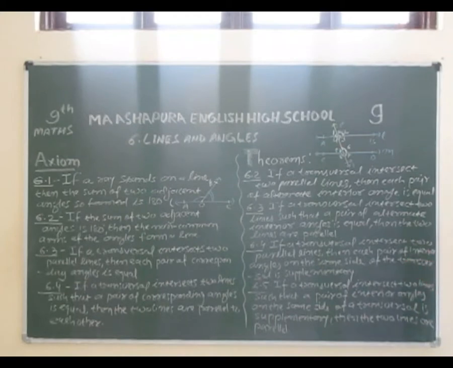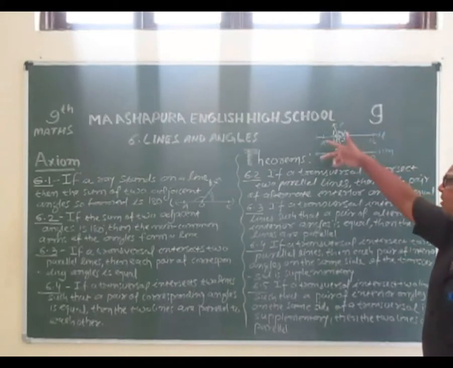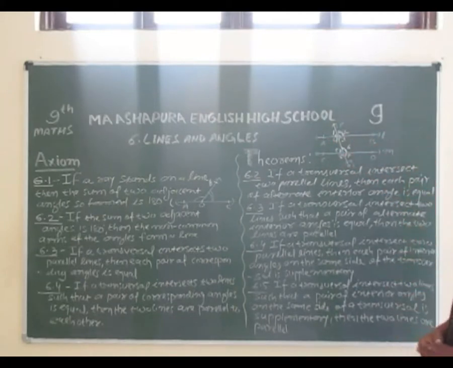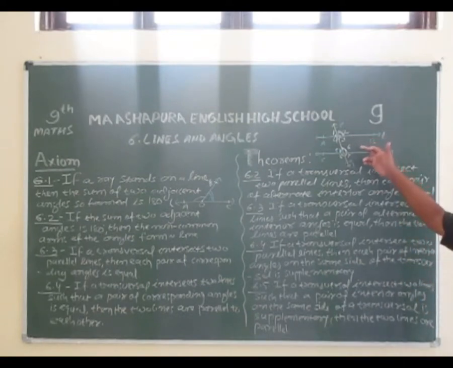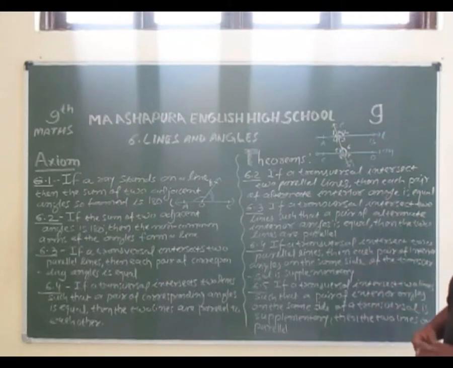So theorem 6.4 says, if the transversal intersects two parallel lines L and M and they form pairs of interior angles on the same side, 3 and 6, 4 and 5, then the sum of the angles is 180. That means the angles are supplementary.